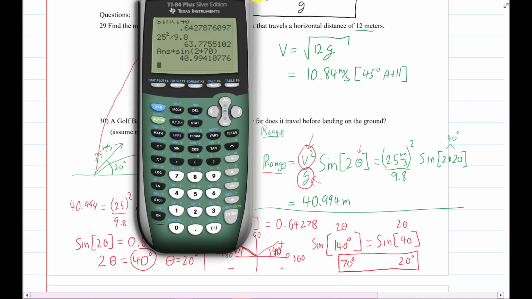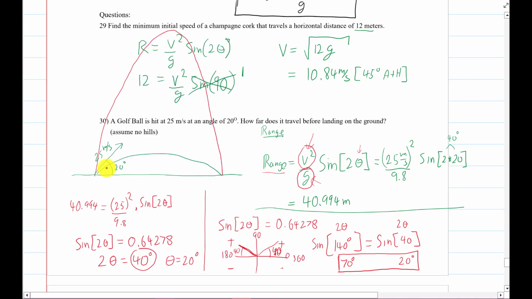So there are 2 answers for projectiles landing at the same point. And these numbers have to be that the 2 thetas are the same, and that's 140 and 40. So that means these have to be half that, so they have to be complementary.